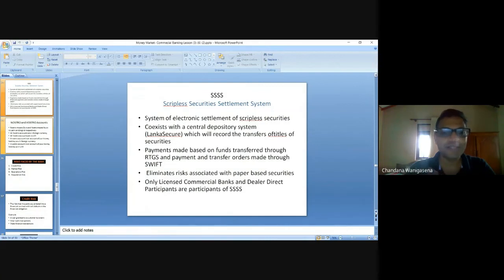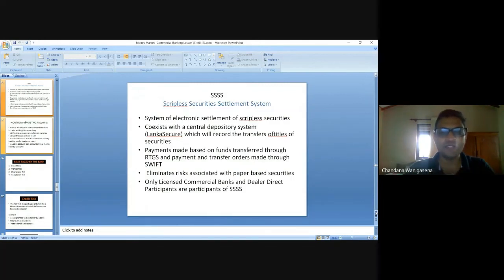These transactions take place between the central bank and commercial banks, and these securities are also electronically deposited. Each and every commercial bank gets a user name and password for their accounts.